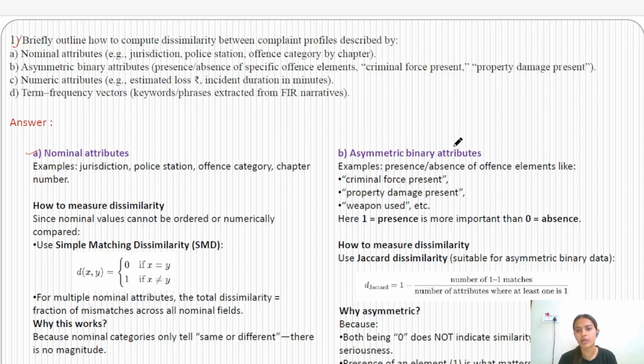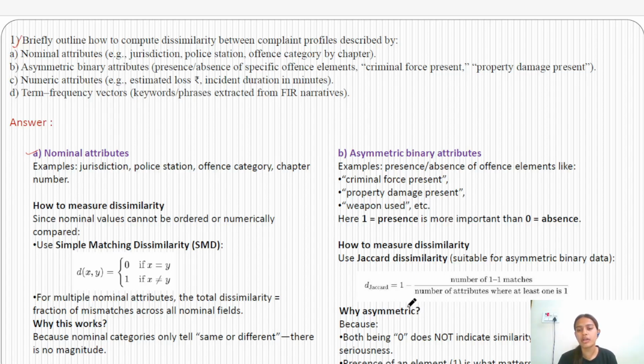Asymmetric binary attributes. Examples: presence or absence of offense elements like criminal force present, weapon used, etc. So here 1, which equals presence, is more important than 0, which equals absence. So how to measure dissimilarity? Use Jaccard dissimilarity, suitable for asymmetric binary data.